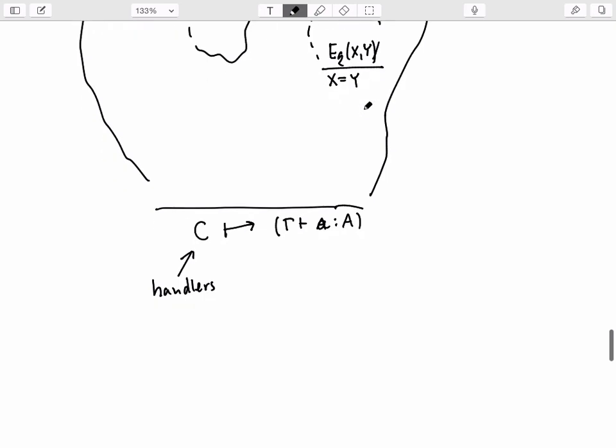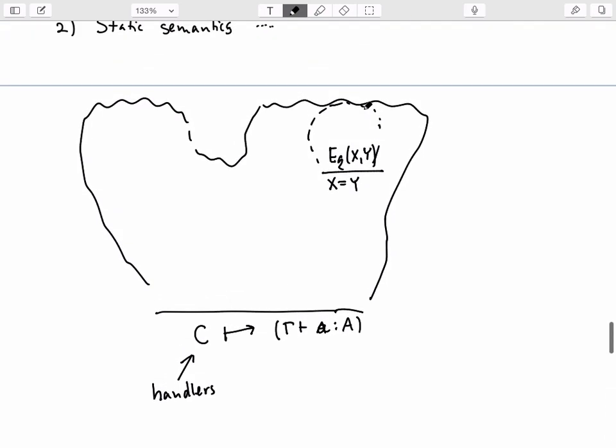What are some of the goals? I would like to use this mechanism not just for equality proofs, but maybe also to calculate implicit arguments.